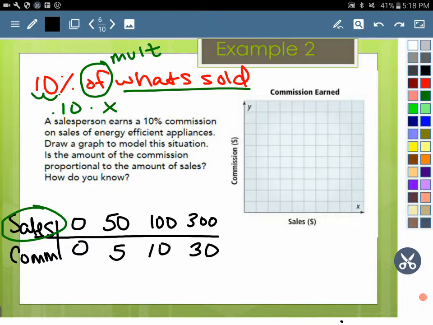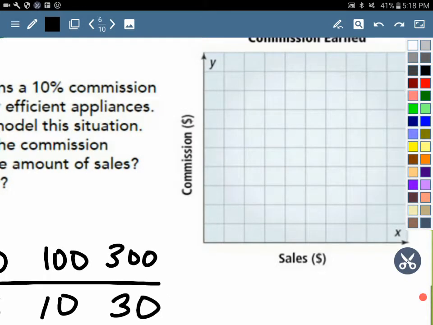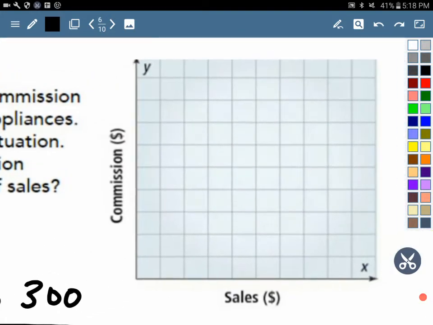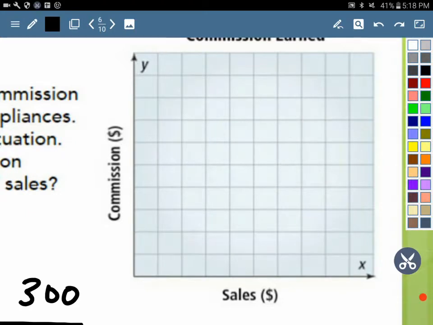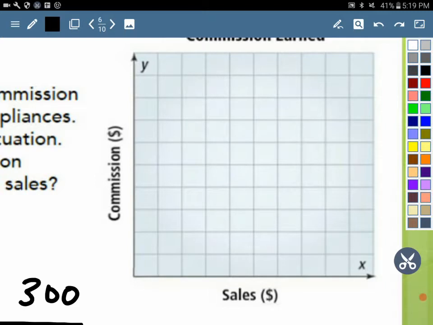So I want my x's to be able to reach 300. If we count the grid lines here, there are only 10 of them. So I'm going to scale my x's by 30s, because if I scale by 30s, then I get all the way up to 300 at the last tick mark.